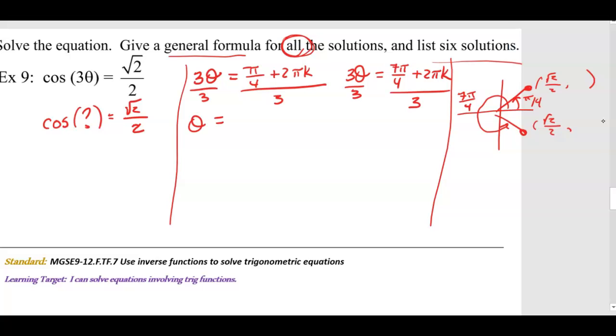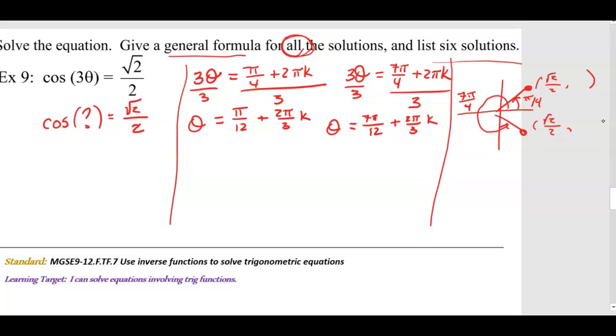So theta will either equal pi over 4 divided by 3, pi over 12, plus 2 pi over 3 k, or theta will equal 7 pi over 12 plus 2 pi over 3 k. Middle school flashbacks, y'all. All right, so there it is. Those are my 2 general rules.